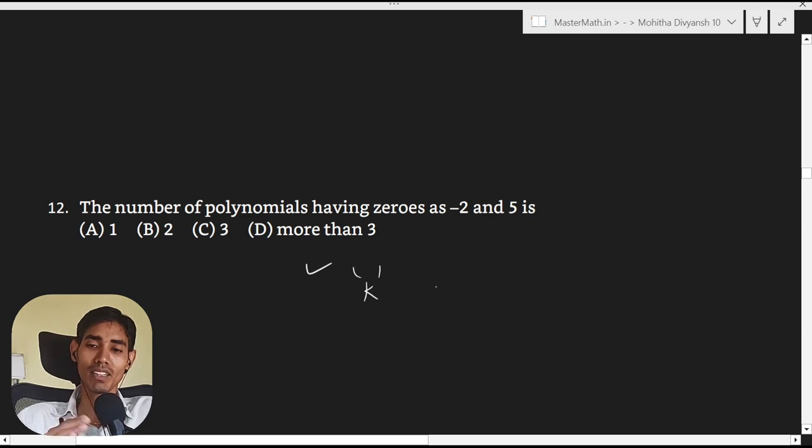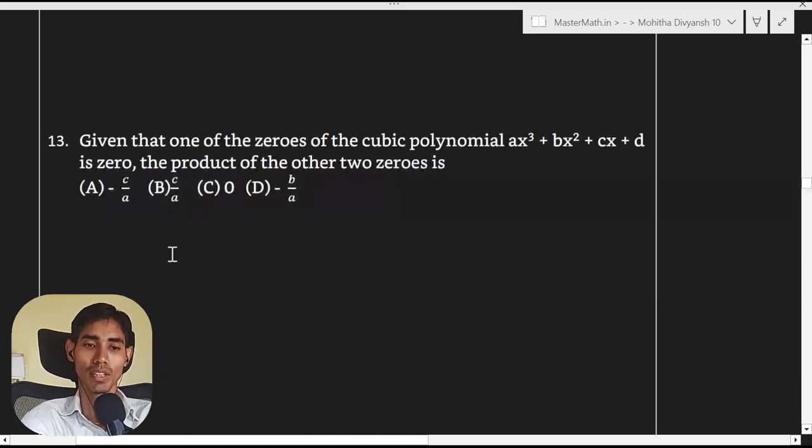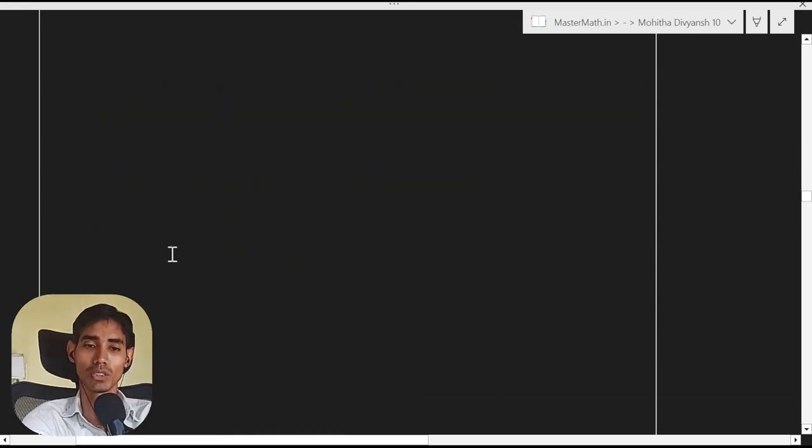If you multiply by 10 or anything, 100, the polynomials would be different, but the zeros would be the same. Cubic polynomials we don't have, so the 13th and 14th questions are not there.